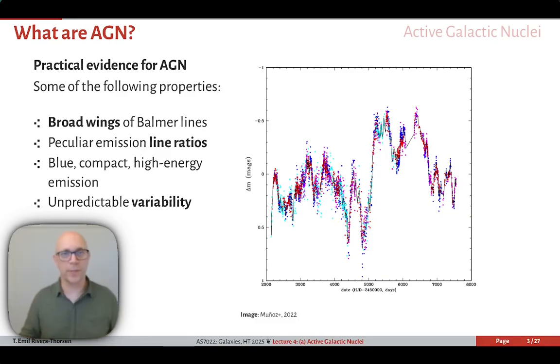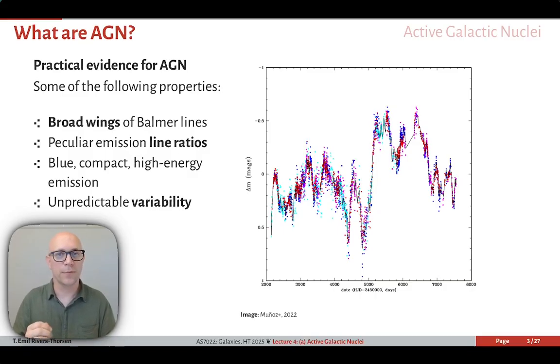AGN also display strong and unpredictable variability. Other variable objects are typically something like pulsars or Cepheid variables or other kinds of variable stars, and these will typically display some kind of periodic pattern of variability.